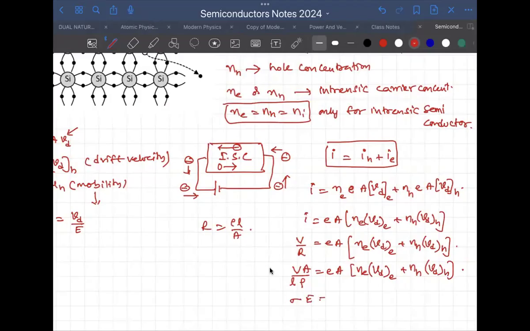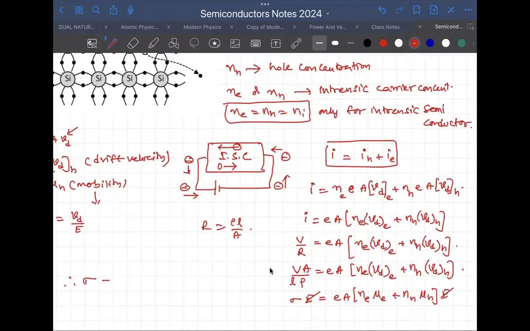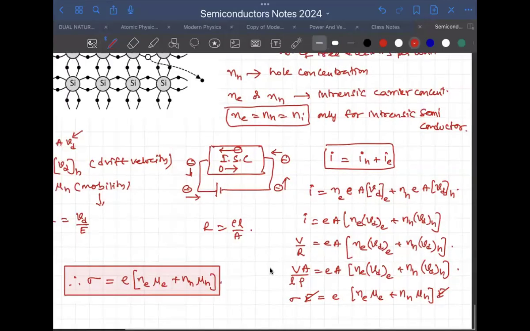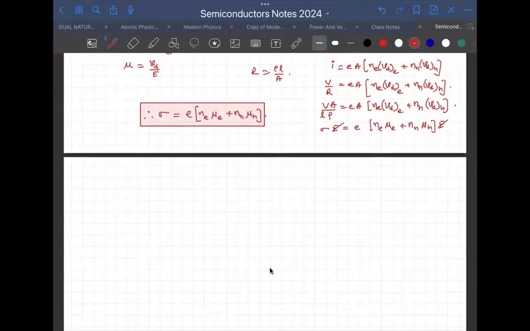And this is eA times (N_e mu_e plus N_h mu_h) times E. So by cancelling, you will have the conductivity, and you won't have E also. That's the deal. So finally, conductivity depends on the concentrations and mobilities.